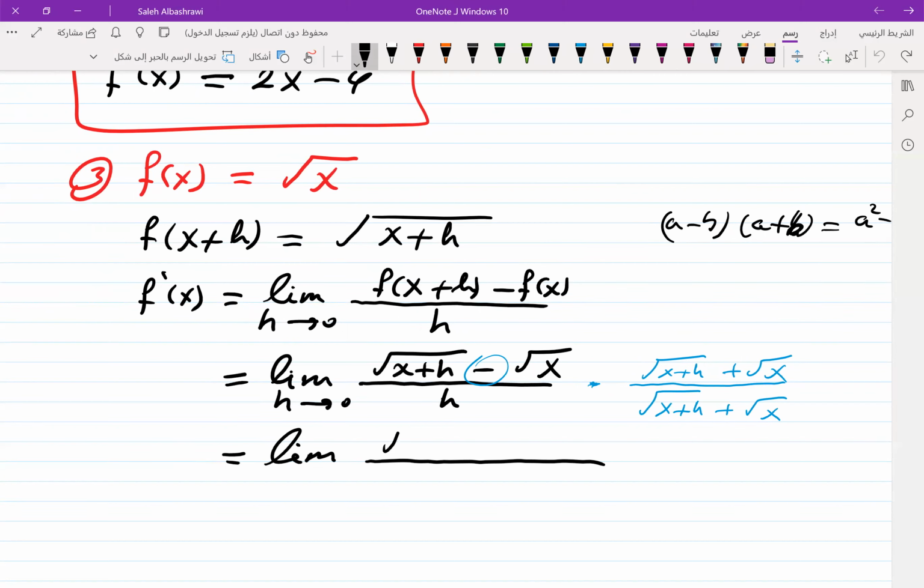So I will have the square root of x plus h, whole squared, minus square root of x, whole squared, divided by h multiplied by square root of x plus h plus square root of x, as h goes to 0.